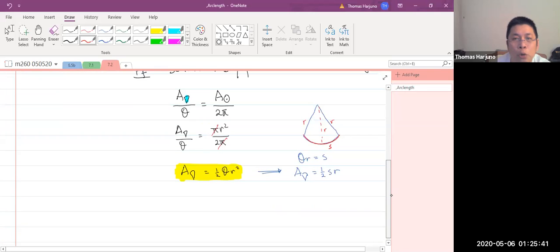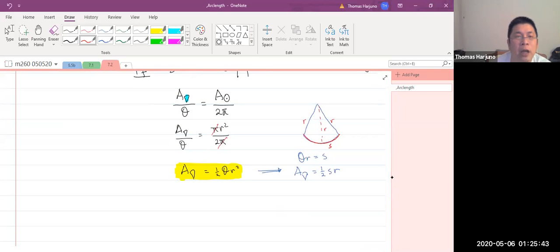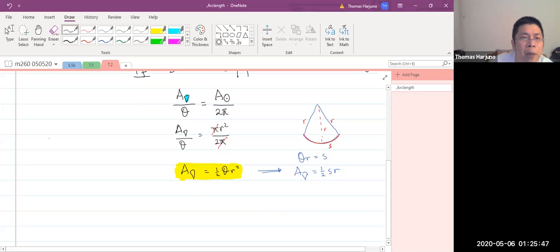One of the big uses of sector area is actually on finding the area of a paper cup. Let's say I have a paper cup.